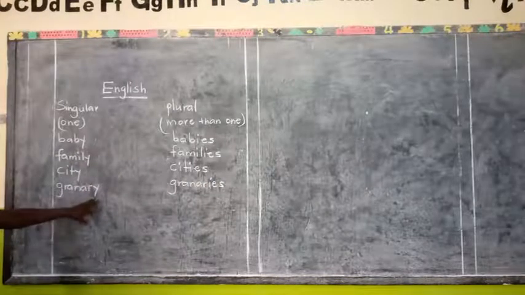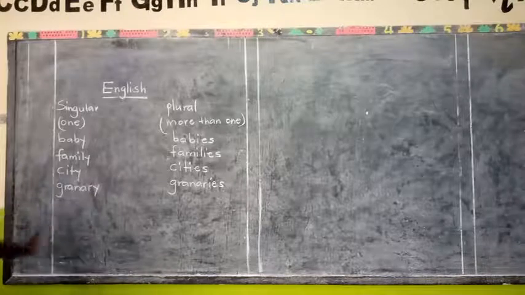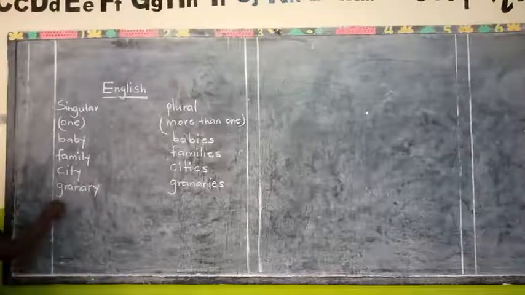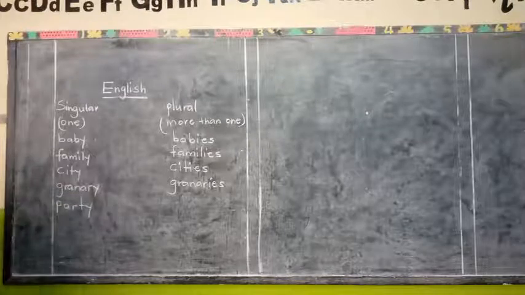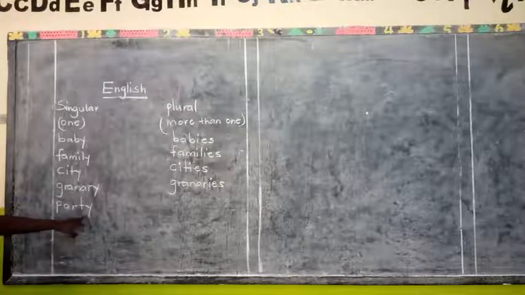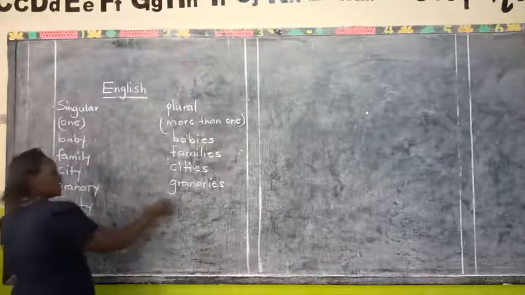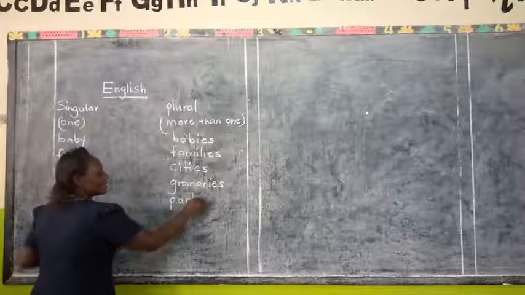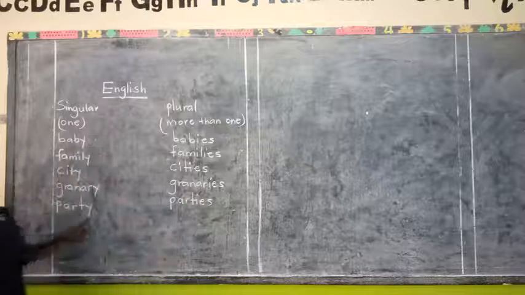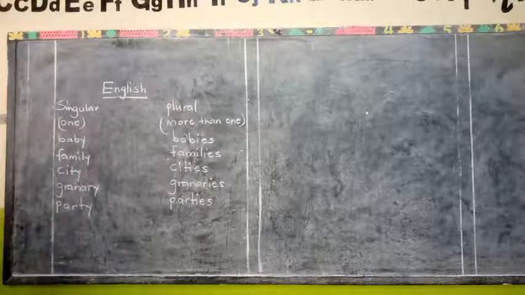You leave out letter Y. Then we also have party. Many of you enjoy parties. Party. You leave out this Y. Then when they are more than one, we call them parties.